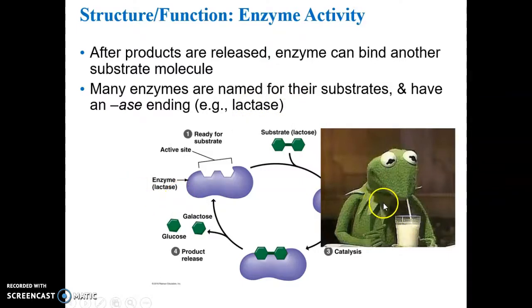Some people who are lactose intolerant don't produce the enzyme lactase to break down lactose, and then lactose causes them some digestive problems. Luckily, it looks like Kermit has lactase produced in his body. It's Kermit the Frog, by the way.